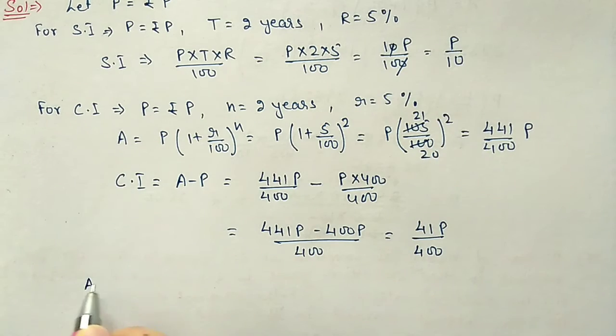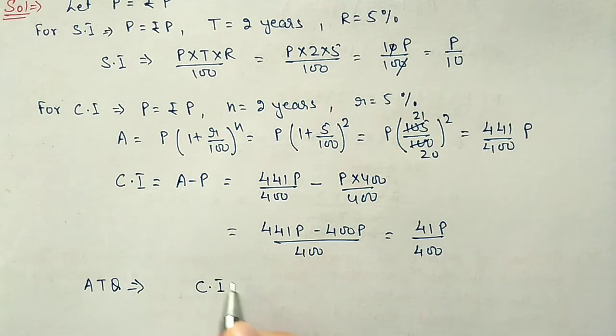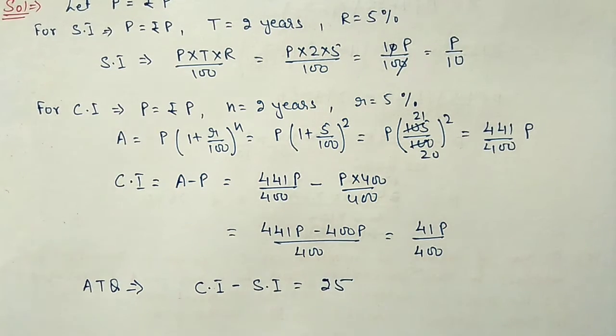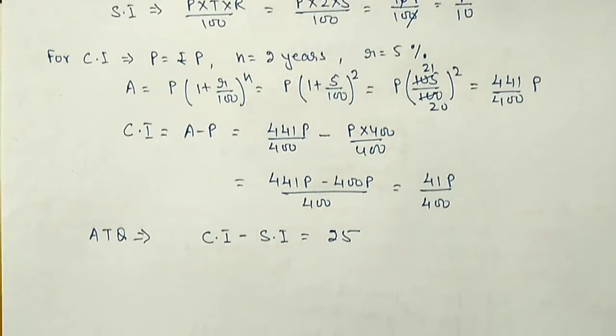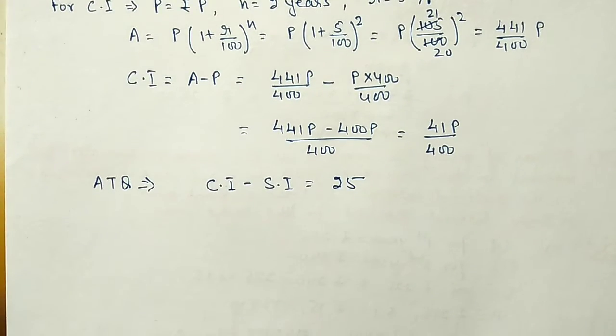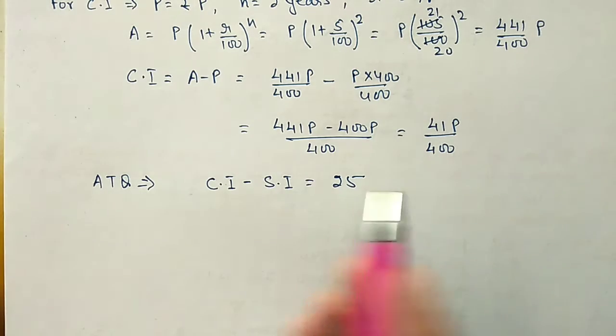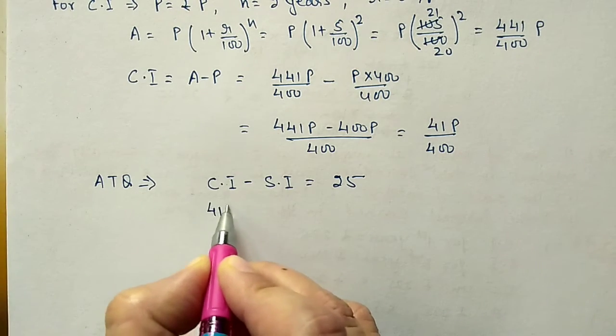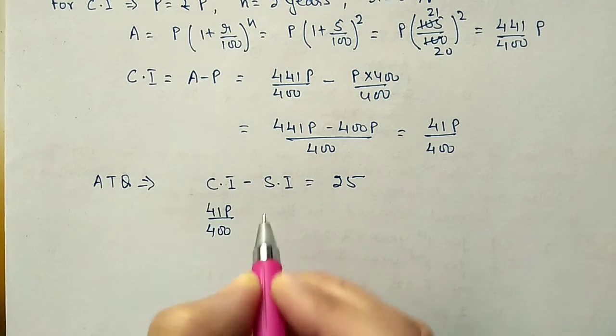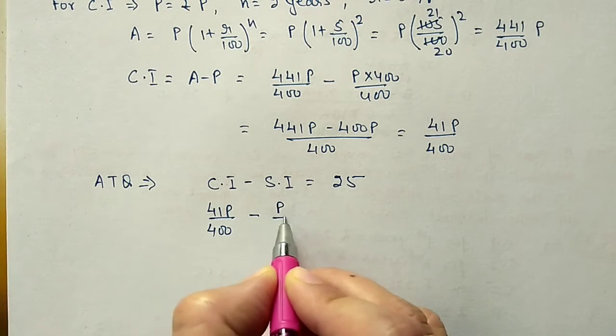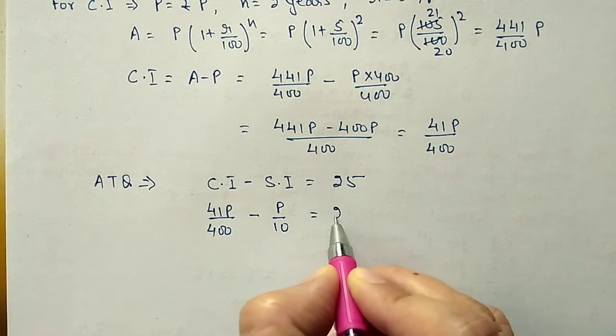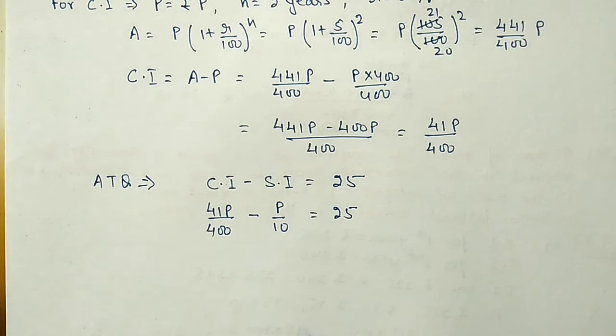Now according to the question we have to find out the difference between these. Compound interest minus simple interest, this is given as 25 rupees in the question. Now we will substitute the values of compound interest and simple interest whatever we have calculated. Compound interest is 41P by 400 and simple interest we calculated as P by 10, and this we will equate with 25.